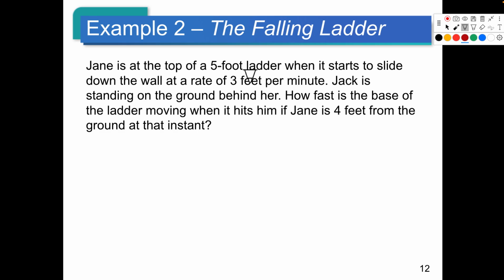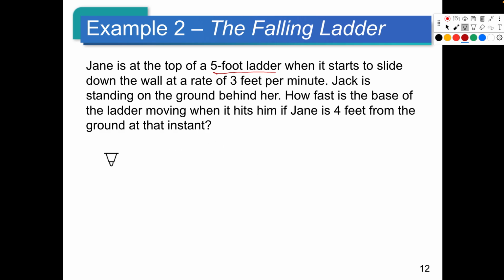But Jane is at the top of a 5-foot ladder when it starts to slide down the wall at a rate of 3 feet per minute, okay, 3 feet, so it's not too fast. It wasn't 3 feet per second, so Jane's not in too much trouble. Jack is standing on the ground behind her. How fast is the base of the ladder moving when it hits him if Jane is 4 feet from the ground at that instant? Okay, so again, we've got to draw a picture.